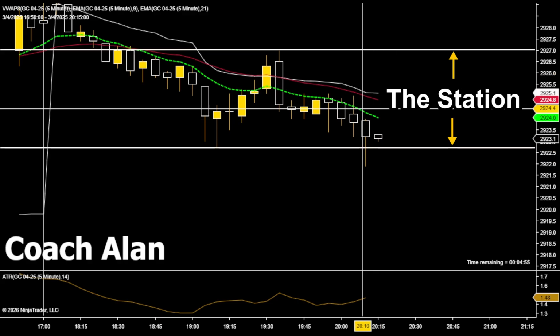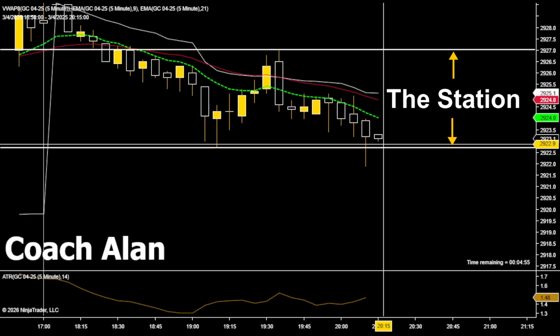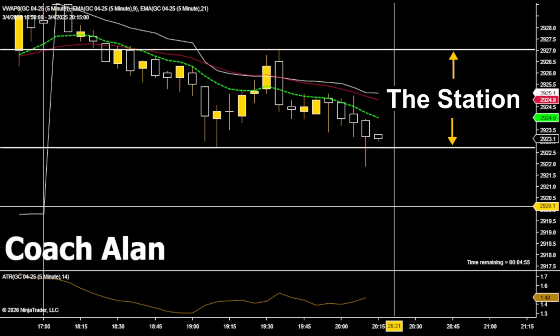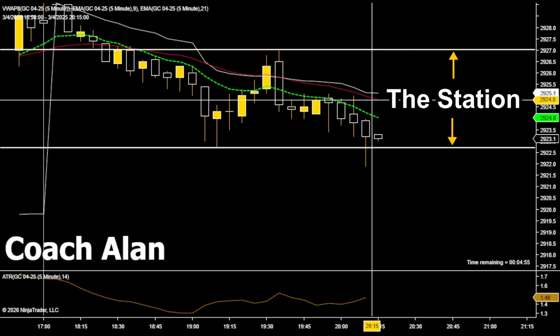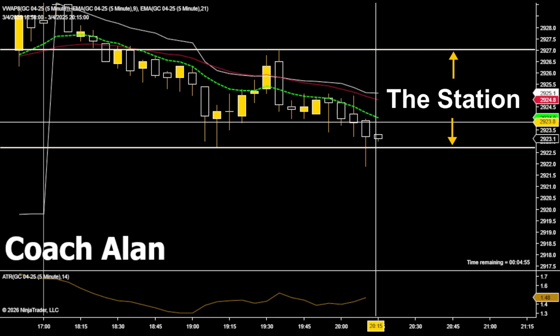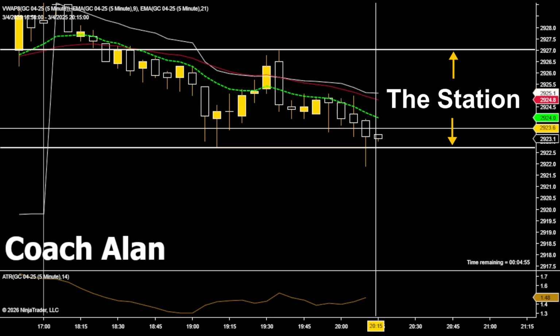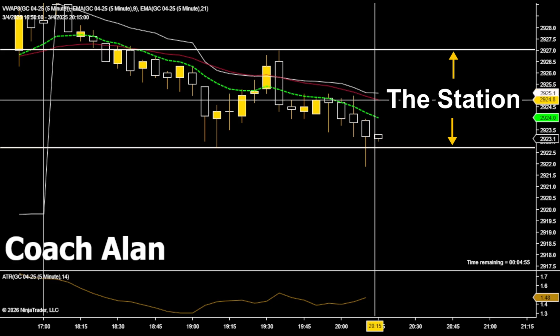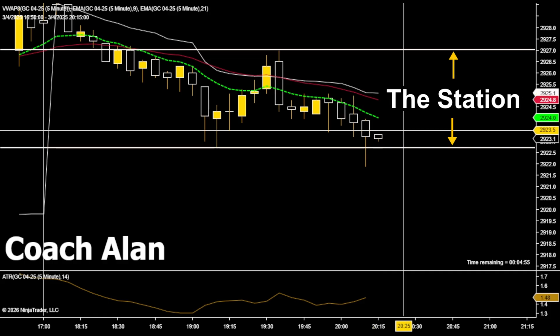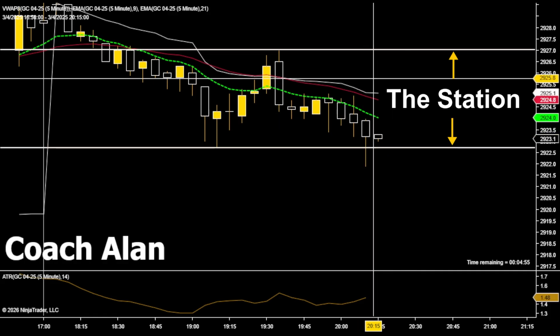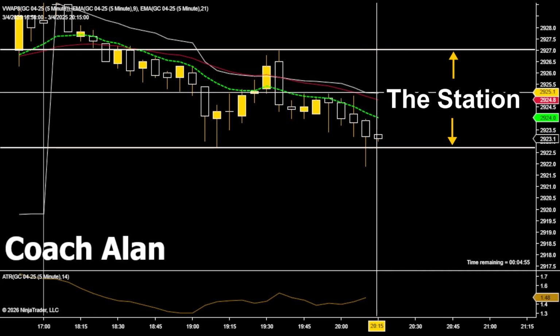Another thing, in order for us to make an entry going down for a bearish trade, we want to see the 21 EMA above the 9 EMA, so red on top of green. And we also want the price below the VWAP, which in this case is exactly how it's supposed to be. Everything is below the VWAP right here.